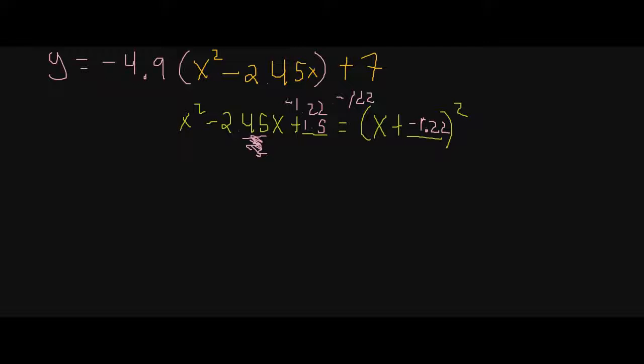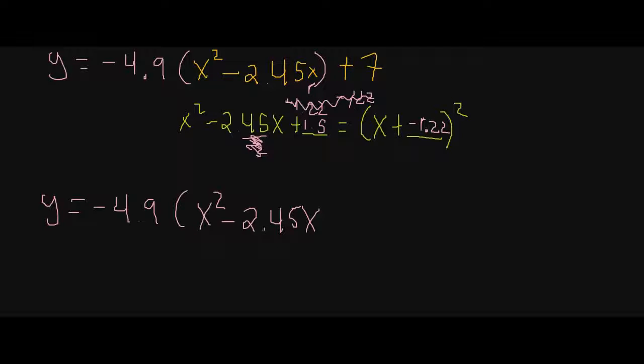So maybe I'll just get rid of this so it doesn't distract us. Now we know the number we want to add inside here. So we're going to get y is equal to negative 4.9 times x squared minus 2.45x plus, well, 1.5 minus 1.5 multiplied by the dilation, the number that was in front here, so negative 4.9.